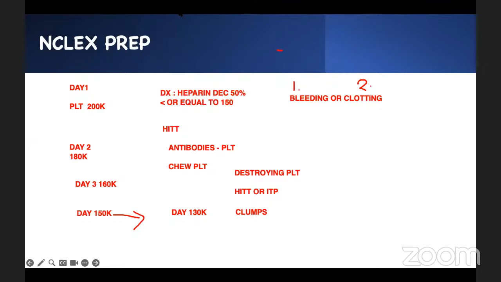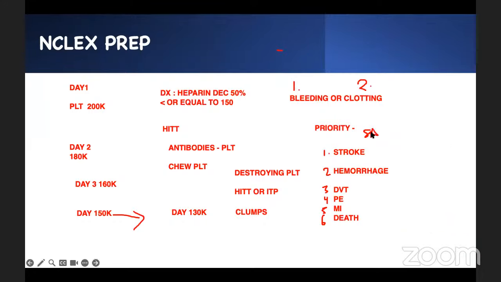It's a clot problem. Therefore, if you know it's a clot problem, what should be your priority now? If clot is my problem, which of these is your priority? Stroke, hemorrhage, DVT, PE, MI, death.